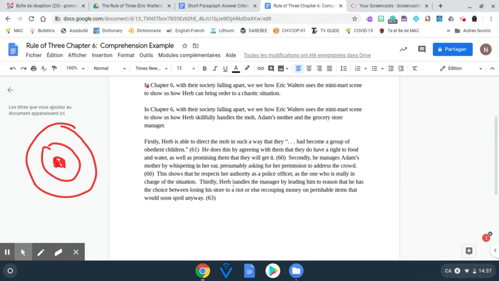So the next one, maybe we have how Herb handles the manager. You might say by calming him down or by developing an IOU system, handing out the vouchers. Those sorts of things work really more for the mob than for Ernie.